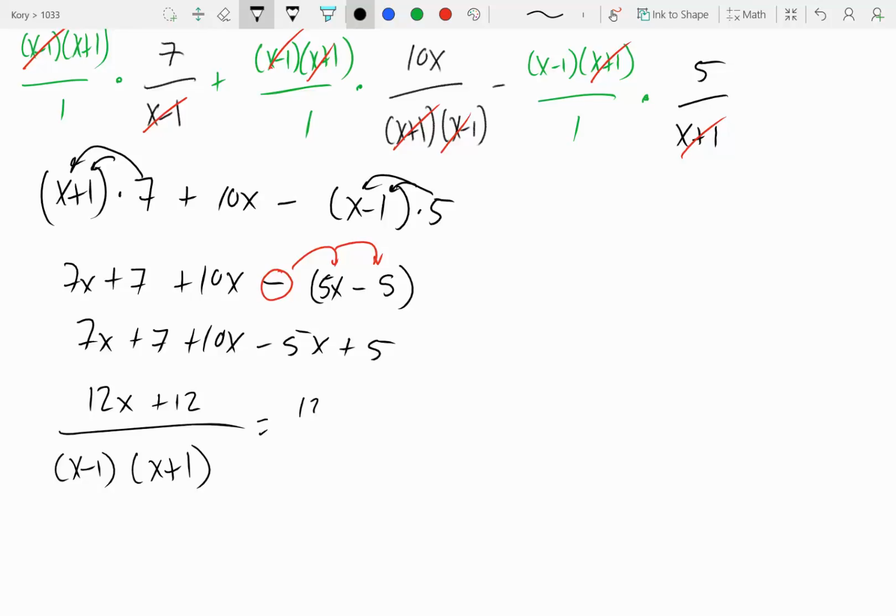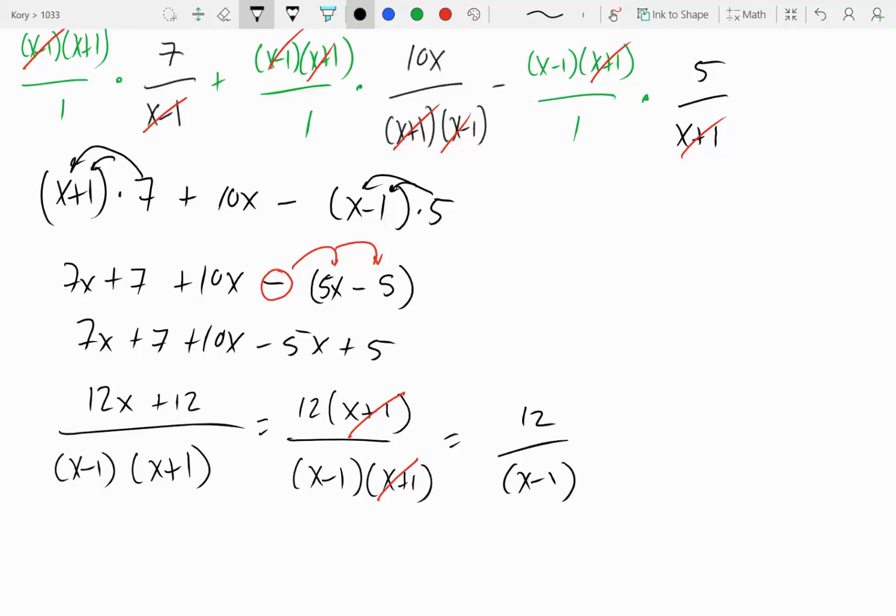They both have 12 in common, so we're left with 12 times (x plus 1) over (x minus 1)(x plus 1). Let's cancel like terms, so x plus 1, x plus 1. And we're left with 12 over x minus 1. So that's it for this video.